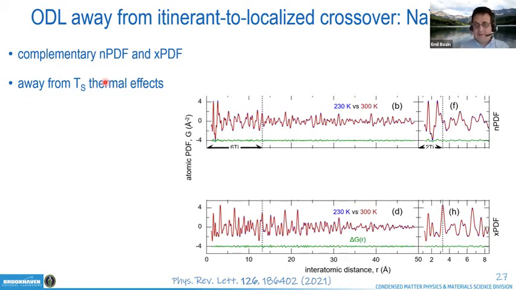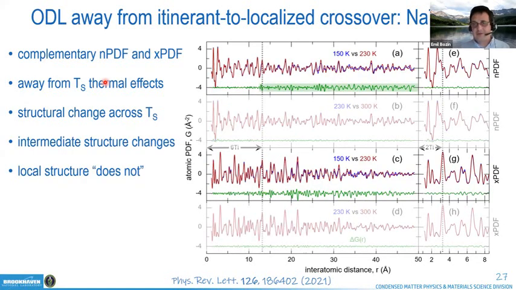Now, if you do the same comparison of data that correspond to a 70 Kelvin difference or so, but those two temperatures are bracketing the transition, you see that there is actually quite a dramatic response in the intermediate and average structure, but the local structure appears not to change.